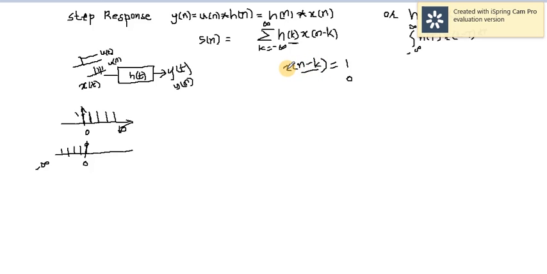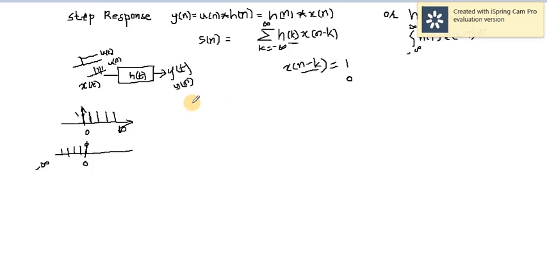We should have x of k. Our x of n signal is u of n signal.